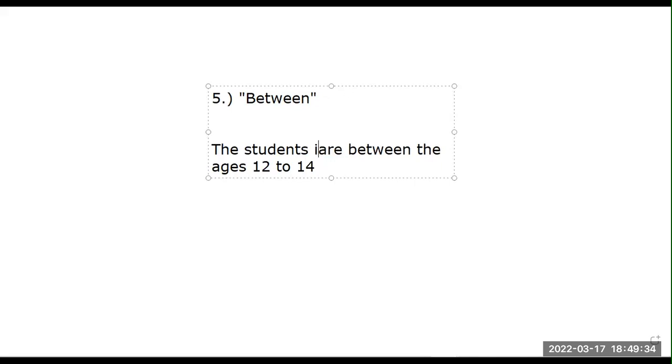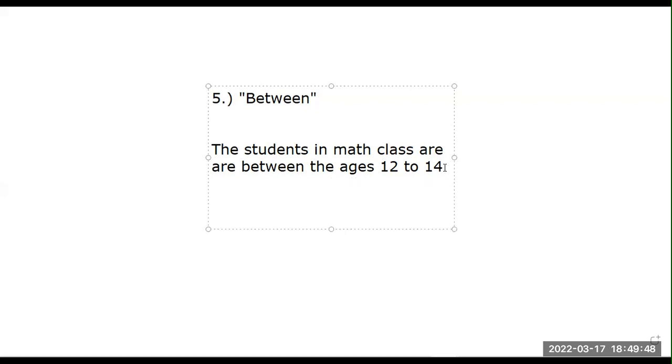So the students in math class are between the ages 12 to 14. You would have heard this before, between the ages 12 to 14. So how can we represent this as an inequality?